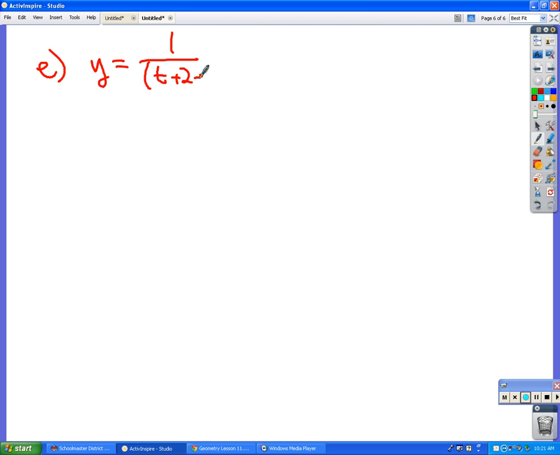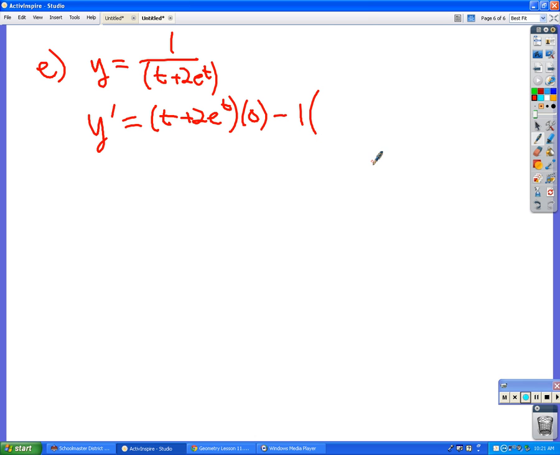Okay, E, anybody? Yeah, we gotta do the quotient rule here. You can't do anything cool because there's two terms there, so you can't make it a negative power. So low d high, the derivative of 1 is 0, so this would technically be t plus 2e to the t times 0, minus high d low.